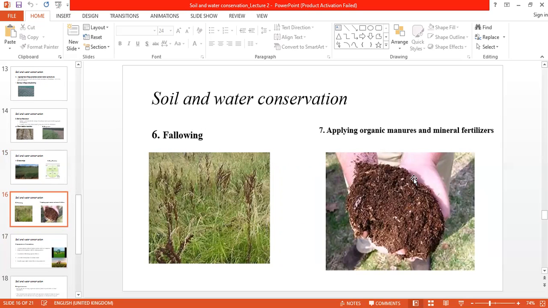Then there's a practice which we call fallowing. I'm sure you also do it at Zambia Sugar. After maybe years of production in a certain area, you just leave it to regenerate.